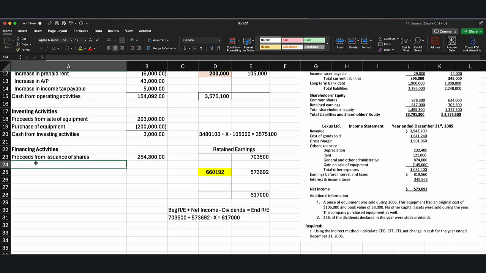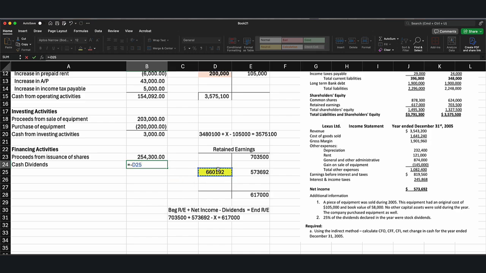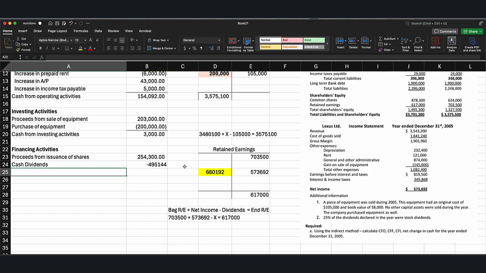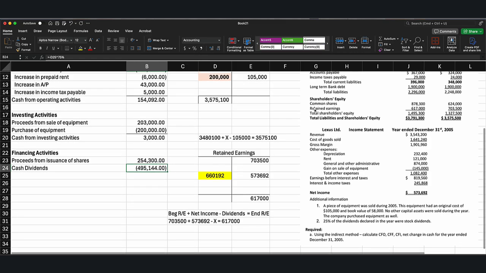On the cash flow statement, you only put your cash dividends. So I'm going to write negative because it's an outflow. This number times 75%, because only 25% of it was a stock dividend, which means the other 75% was paid in cash. 495. Okay, we're done with shareholders' equity, which means we're done with this whole thing.